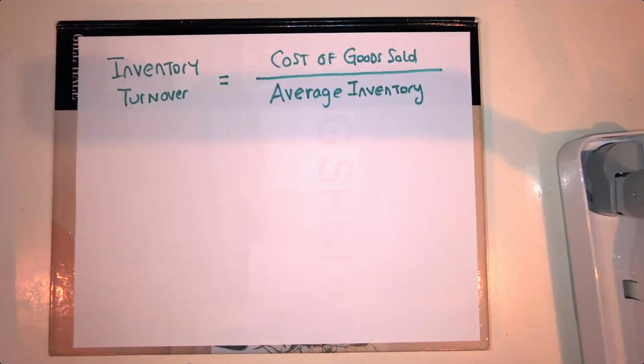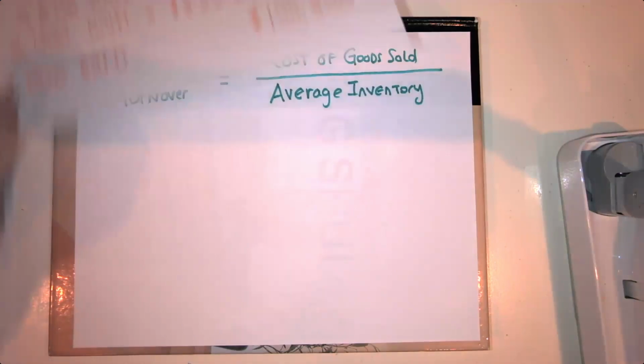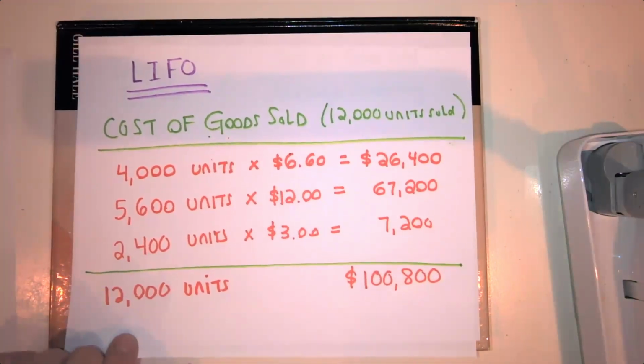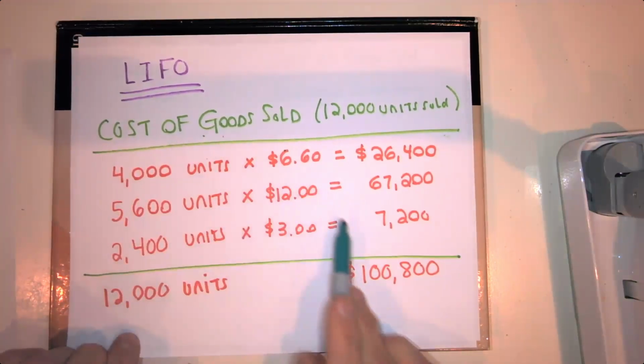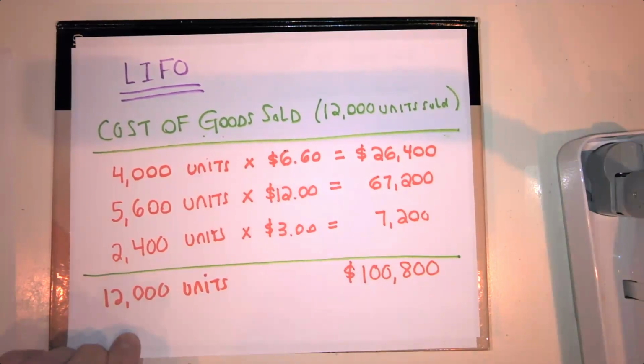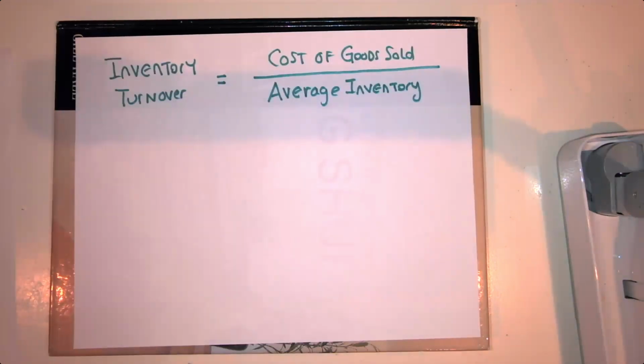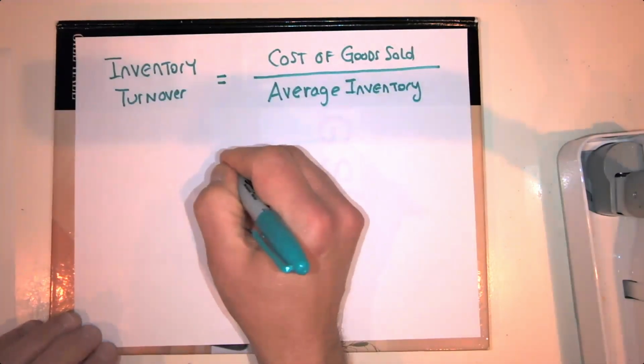The cost of goods sold over average inventory. And they specifically stated in this requirement to do the calculation using LIFO. And just a few minutes ago, using LIFO, we calculated our cost of goods sold, $100,800.